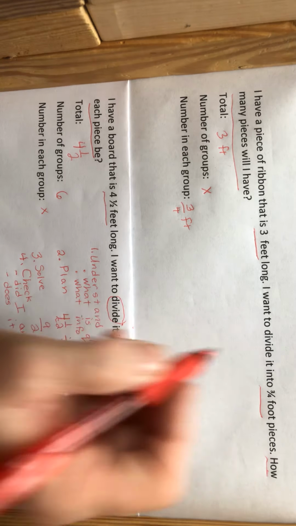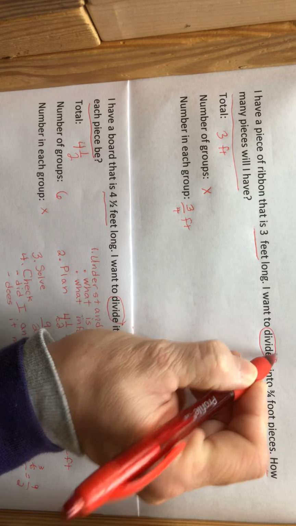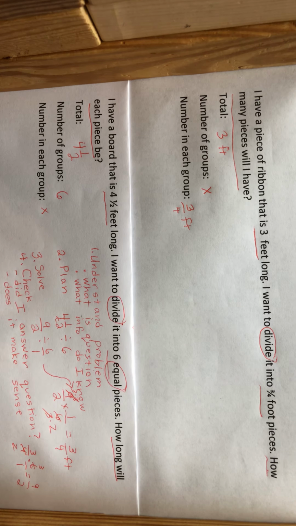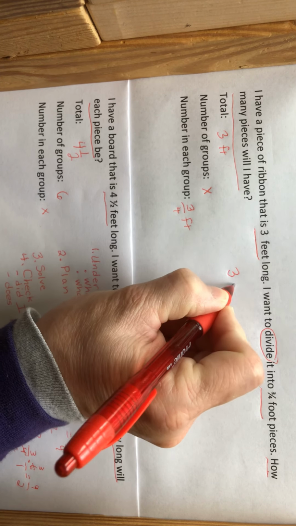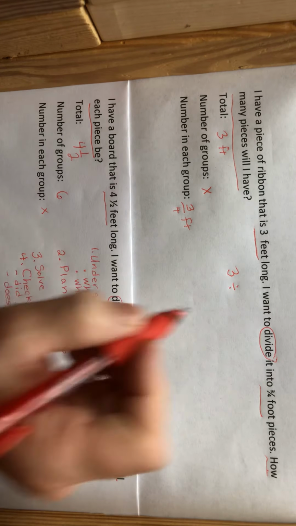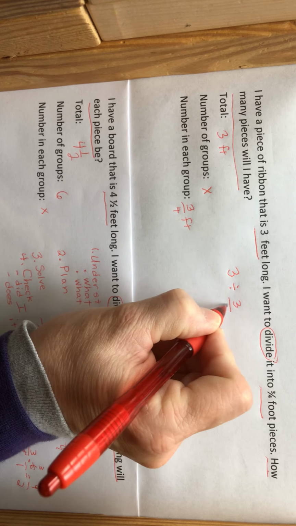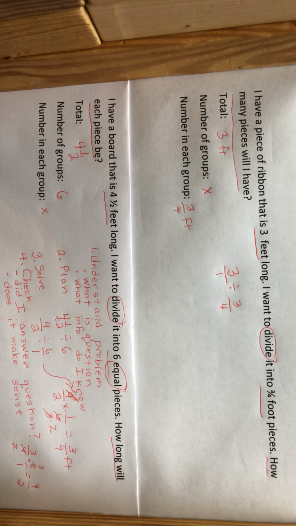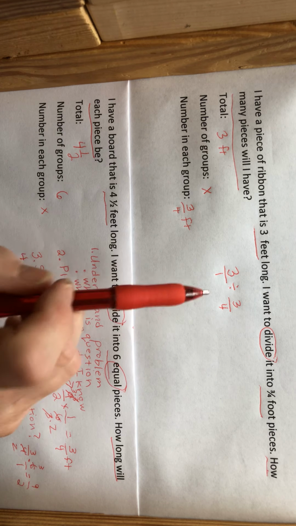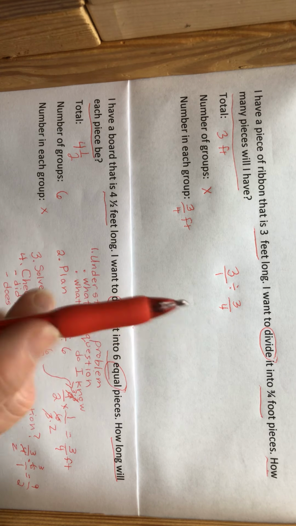I'll look for keywords. It's going to be divided into pieces. Of course, that tells us we're going to divide. So now I'm going to take my total divided by 3/4. Of course, I'd make this into an improper fraction. And you remember your song, multiply by the reciprocal.